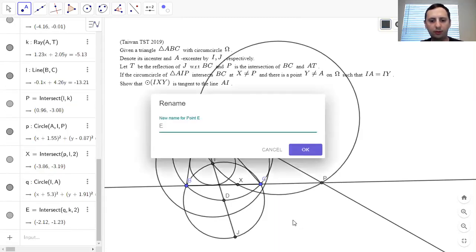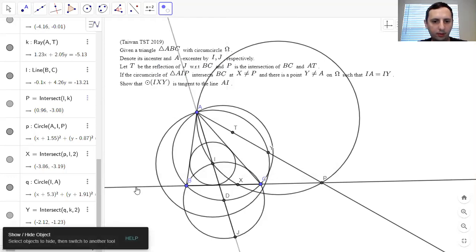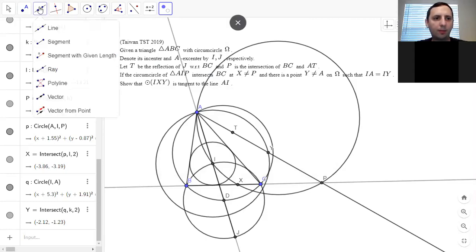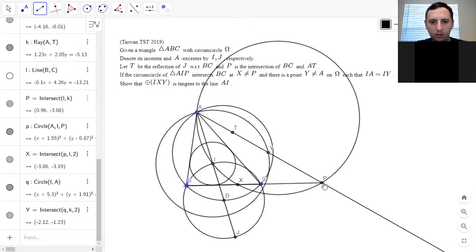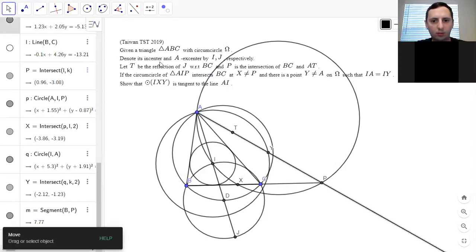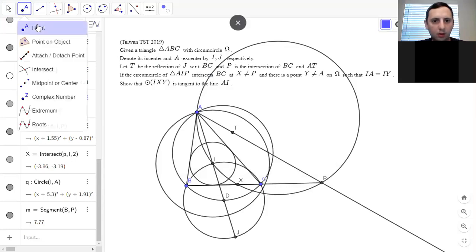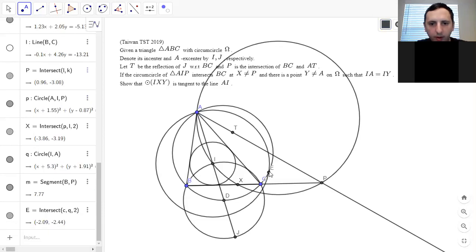We want to show that the circumcircle of IXY is tangent to AI. Let me make it look a little nicer. Y is on the circumscribed circle of ABC. Oh, whoops, you're right, so I'm going to fix that. So this should not be Y. Y should be this point, I think.